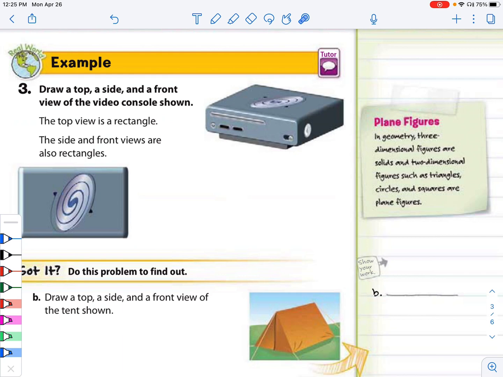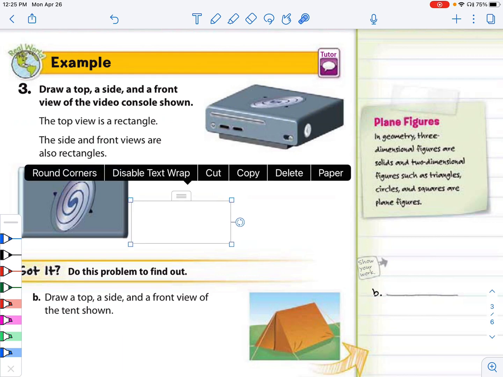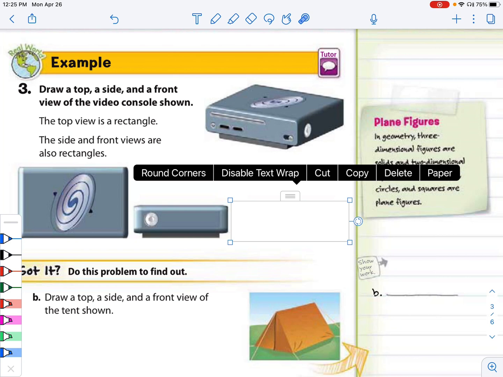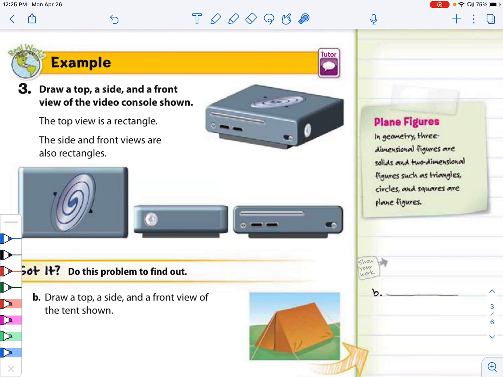This is our top view, which is this one right here. This is the side view, which is this one right here. And this is also the front view.